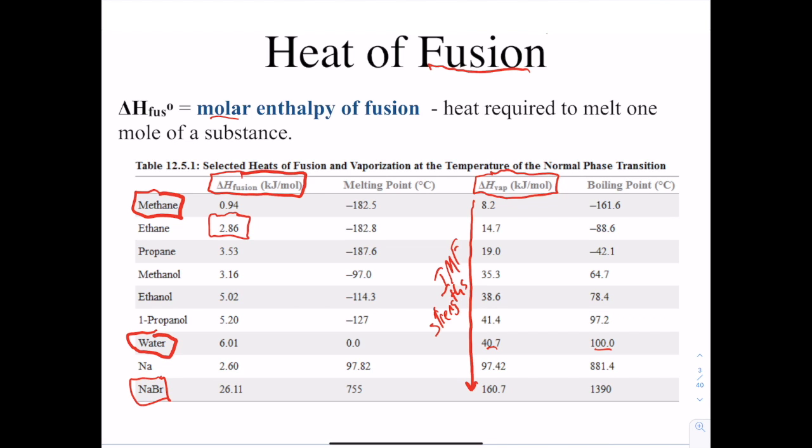The enthalpy of fusion compared to the enthalpy of vaporization for a substance, the fusion value is much smaller. So why is that? Well, with fusion, you're melting. The molecules are in a crystalline lattice, and then they become unstuck in terms of being locked in relative locations to one another.